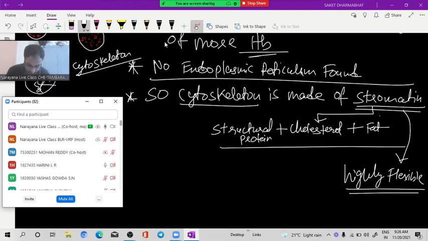Camel RBC have a nucleus. They are nucleated and oval. Oh, camel is having a nucleus? But one thing, when RBC is there, they do have nuclei.